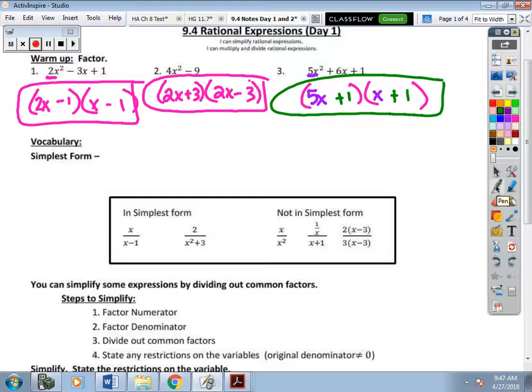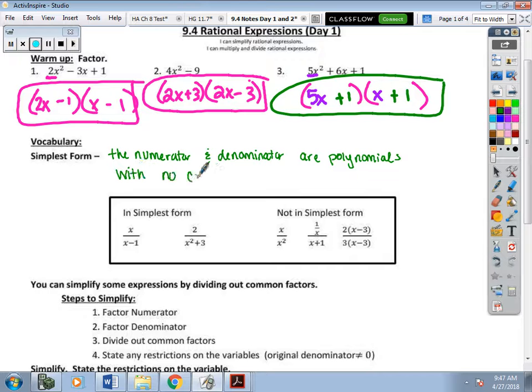So remember, simplest form is when the numerator and the denominator are polynomials with no common factors. So basically, it just means that it can't be simplified any further.